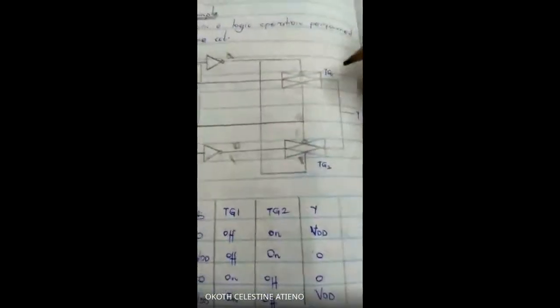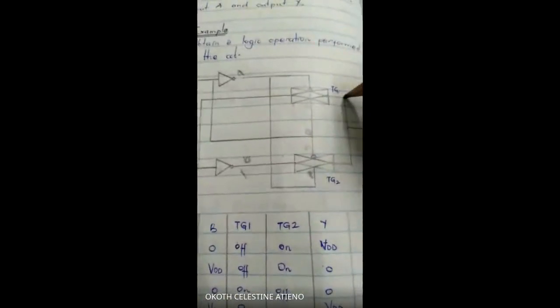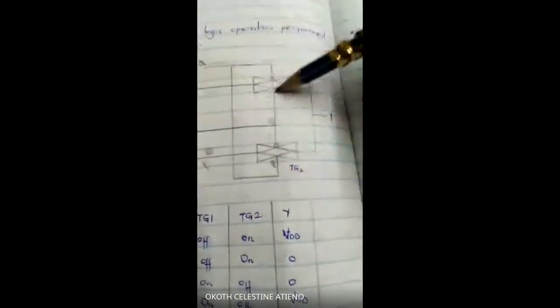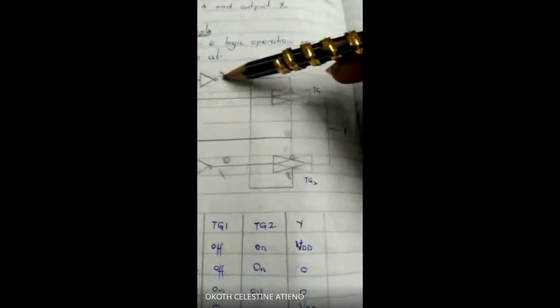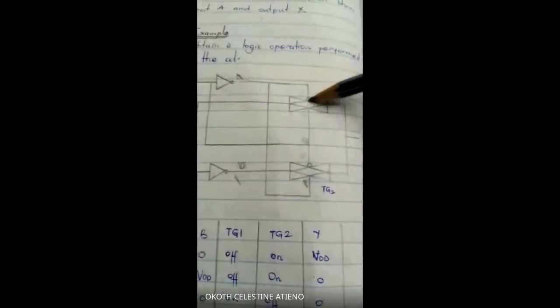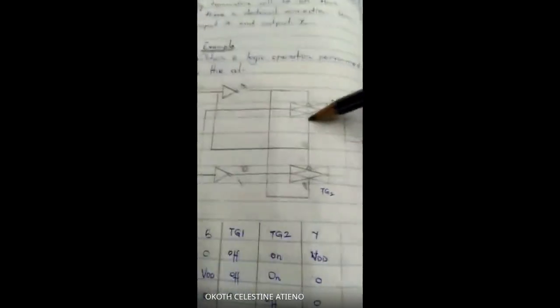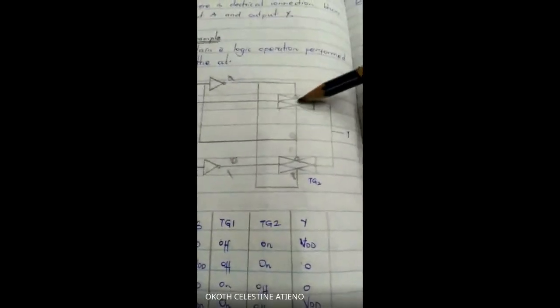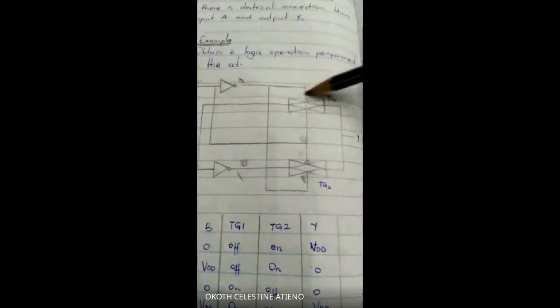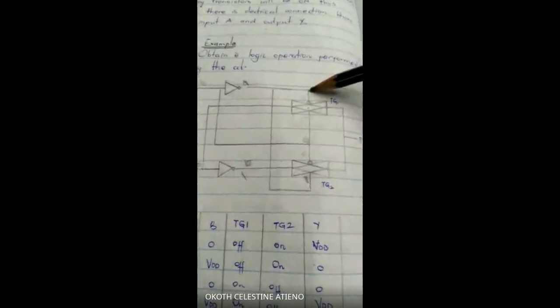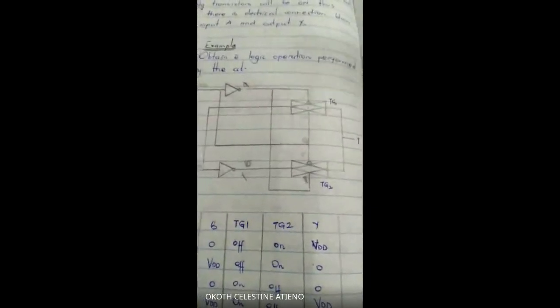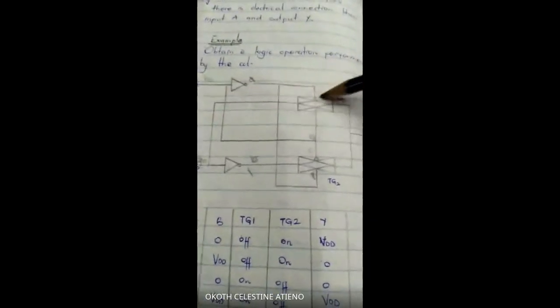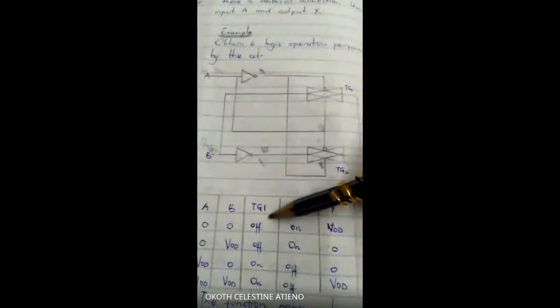So you want to see which one will be on and which one will be off. Let's start with this one. Here tunaona kuna 1 hapa kwa PMOS na kuna 0 kwa NMOS. So automatically this won't even work because already there's a 1 in the PMOS, so your PMOS is off. And if one of them is off, the gate won't work. So this will be off. That's why TG1 was off here.